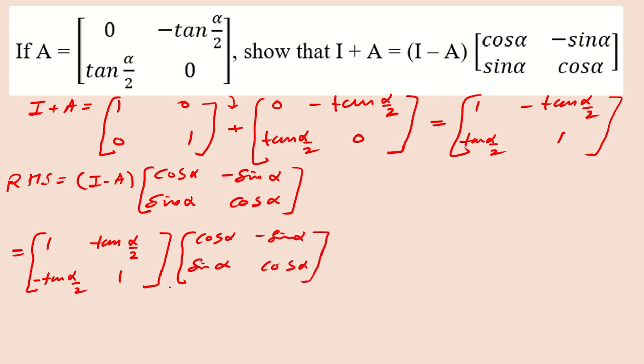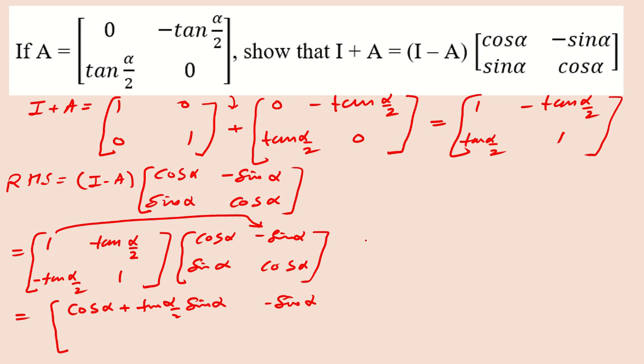Okay. Now multiply these two matrices, and a little calculation will also be required for this. So let's try to complete this because it is a very lengthy question. So 1 times cos alpha plus tan alpha by 2 into sine alpha, and then 1 times minus sine alpha, plus tan alpha by 2 into cos alpha.